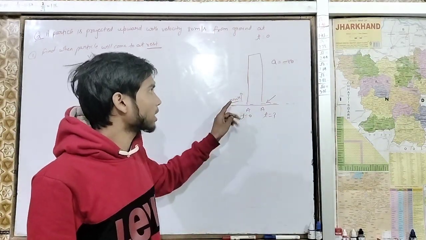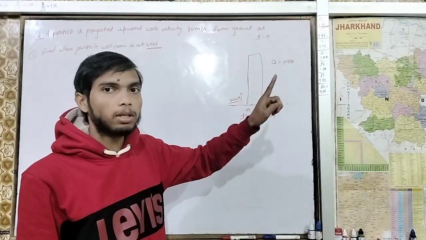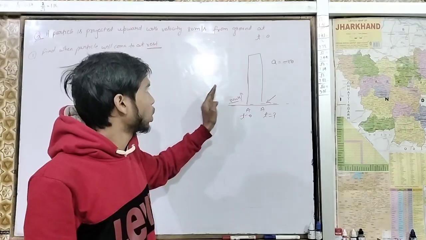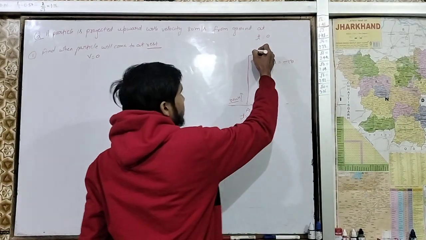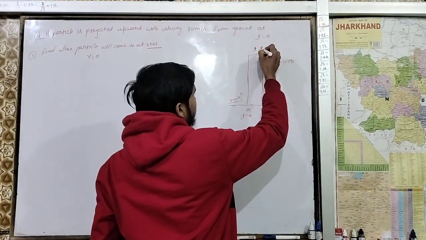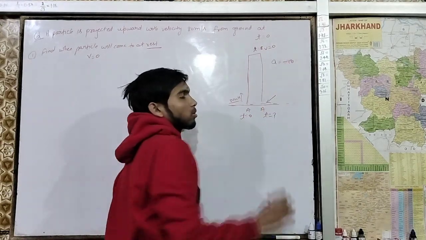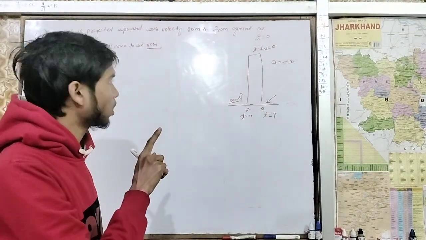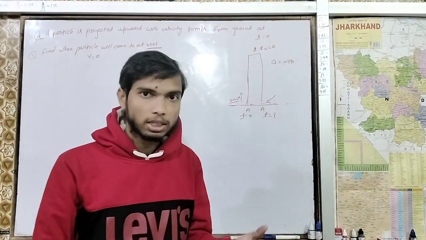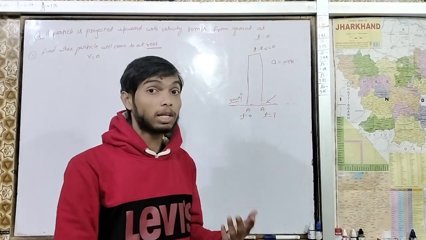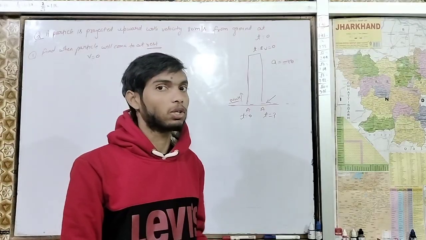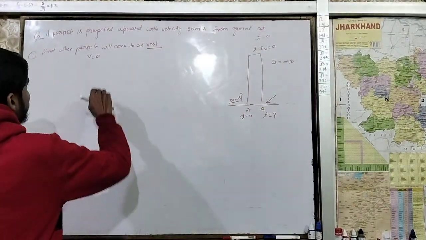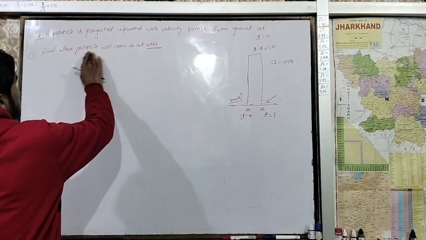So at 1 second, the velocity will be 70. At 2 seconds, velocity will be 60. So at 8 seconds, can I say the velocity will become 0? This was the first option. We can just say that every second, the velocity decreases by 10 from the initial velocity. The second option is that you can use a formula.